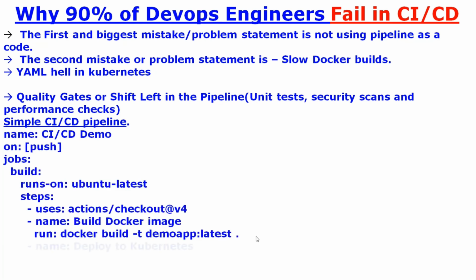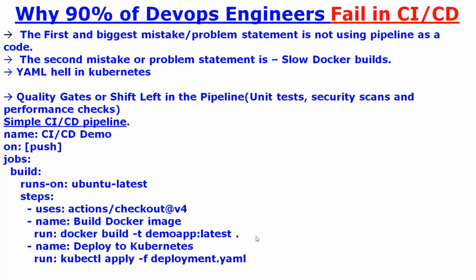In this code, every time you push the code, GitHub Actions will automatically build your Docker image and deploy it into Kubernetes. This way it is fast, simple, and fully automated, which is the modern deployment.